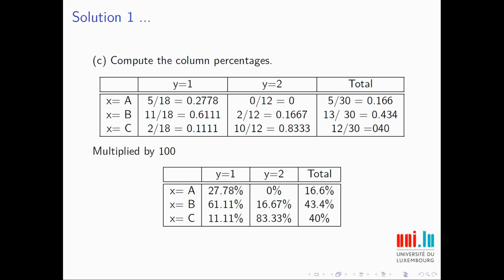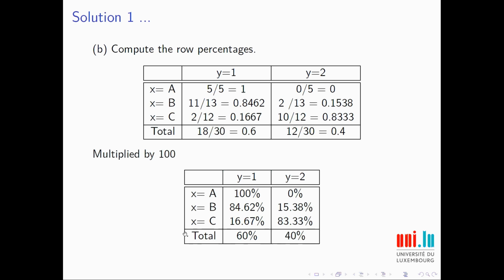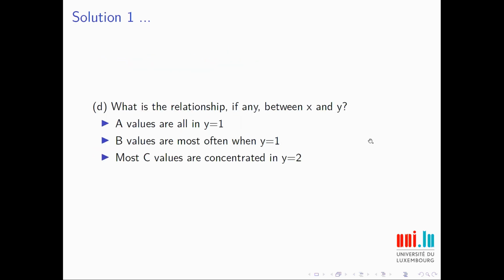You just have to describe these two tables, this table and this table, and highlight some striking facts. For example, A values are all in Y equal to 1, B values, yes. So you just describe the results you got. That's it, nothing more.